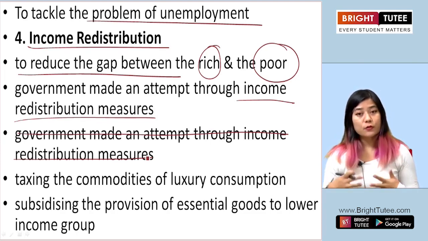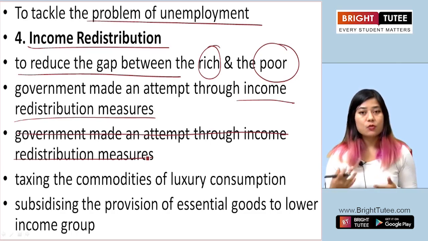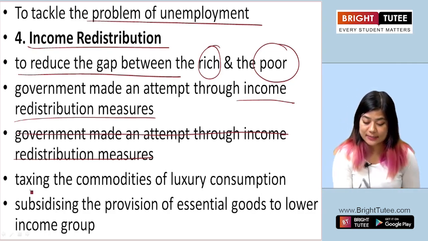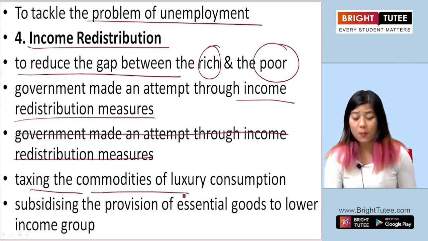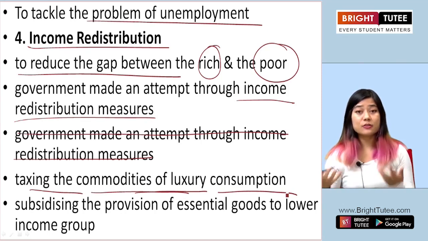Now, those people who have large incomes, who are wealthy, are taxed for the commodities that they buy, for the luxury goods that they consume.